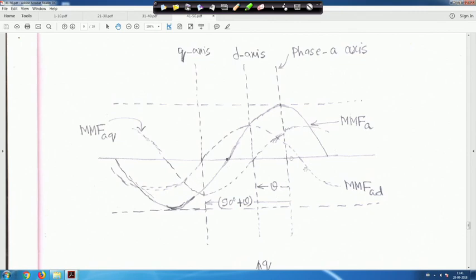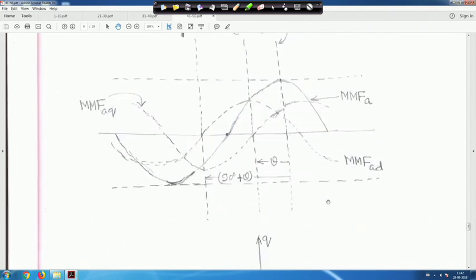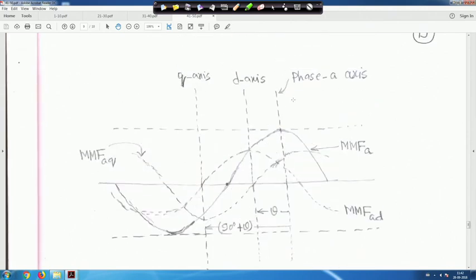This is MMF A. If you make it into two components, one is along the D axis, that is MMF AD, and the other is along the Q axis, MMF AQ. So one is NAIA cos theta, because the D axis is leading phase A by an angle theta, and the Q axis is leading phase A by an angle 90 degrees plus theta.